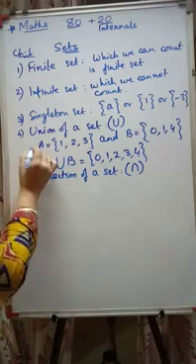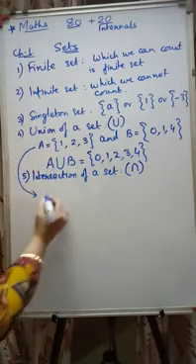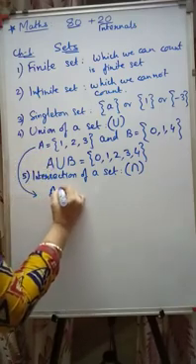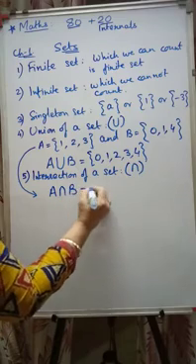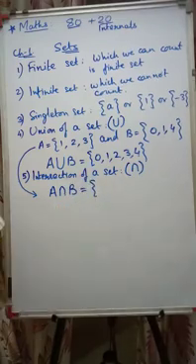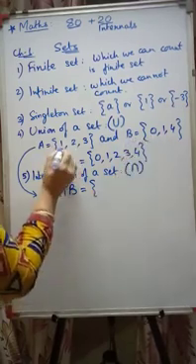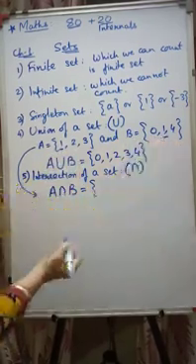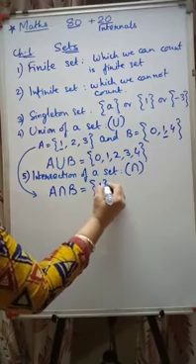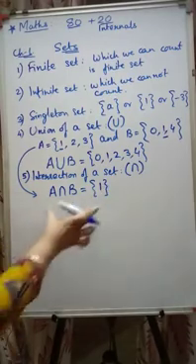A intersection B means the elements which are common. Which is the common element here? 1 is common in both sets. So the set is {1}. This is the intersection.